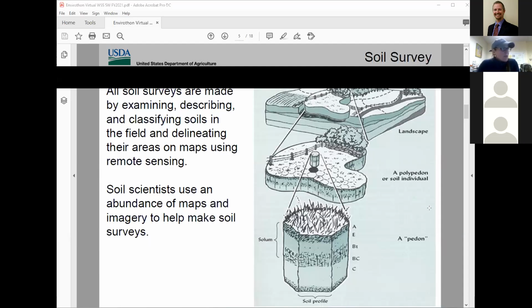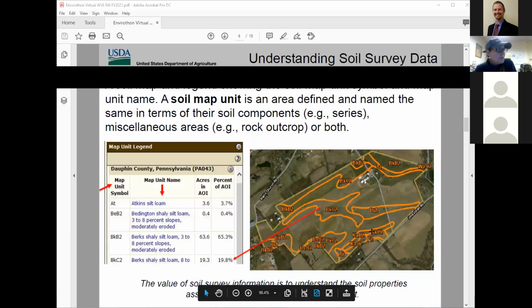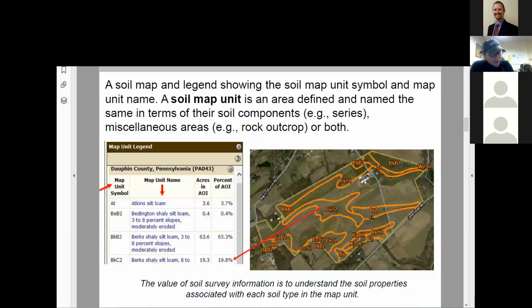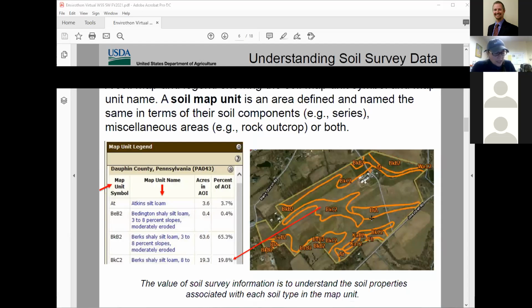All right, so here was my great soil survey speech on how we look at landscapes and get down to a soil pedon. This is what you should be seeing. On this slide, you have an image of a soil survey map and legend.